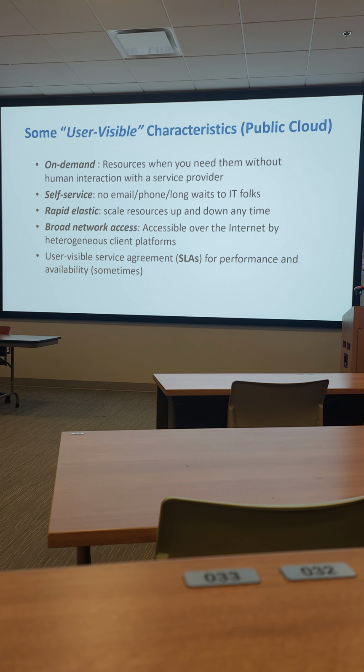So these are the characteristics from the user side, from outside, especially for public clouds. Pay as we go. Only pay proportionate to the resources that we have used. But the characteristics behind or inside of the cloud can be different.